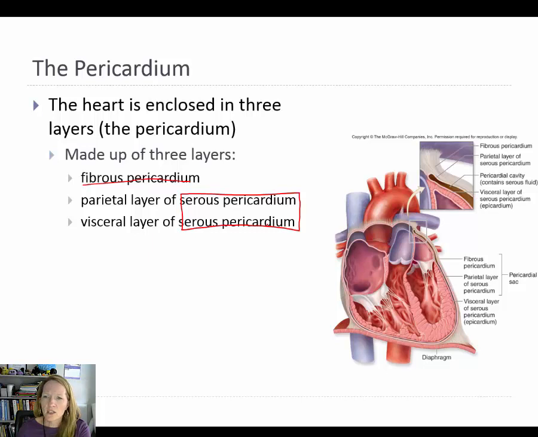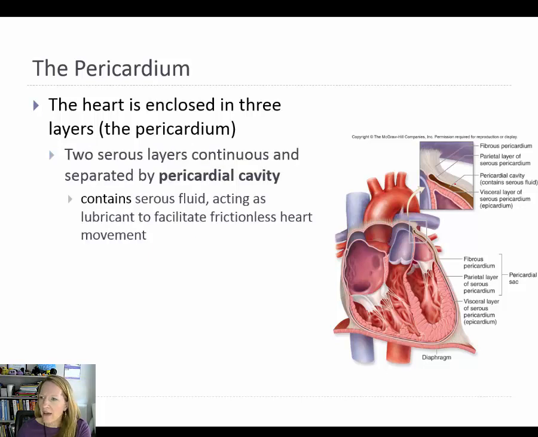It's a lot easier to say parietal pericardium, visceral pericardium. You can refer to them that way. You see how there's this cavity right here? This is the pericardial cavity. And what we have inside of the pericardial cavity is going to be serous fluid. So that serous membrane actually makes this fluid, and it is going to put it inside of that cavity right there.